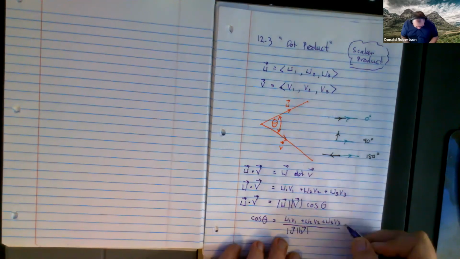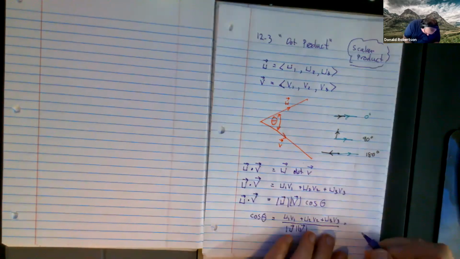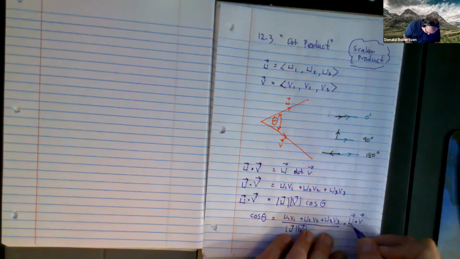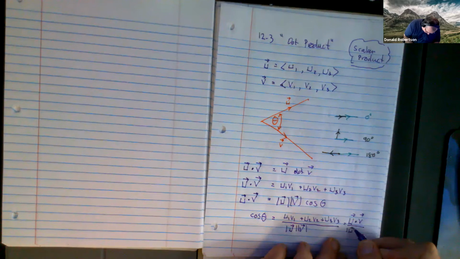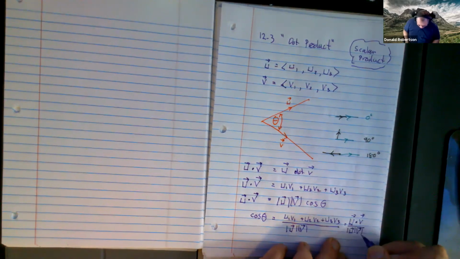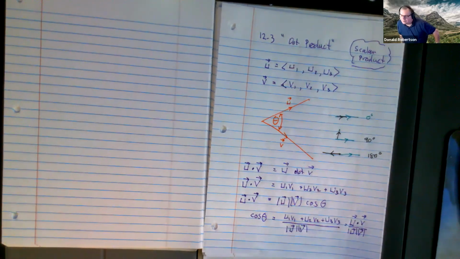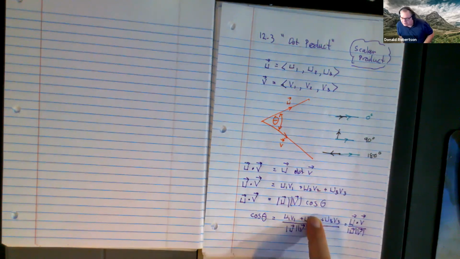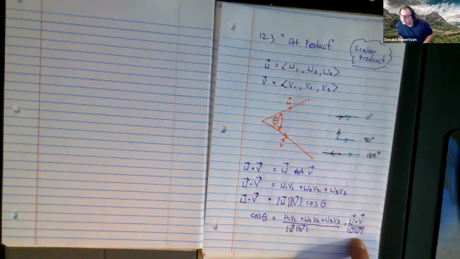And we tend to abbreviate the numerator by just calling it U dot V again. So the formula for finding the angle between two vectors is the dot product divided by the magnitudes of U and V.